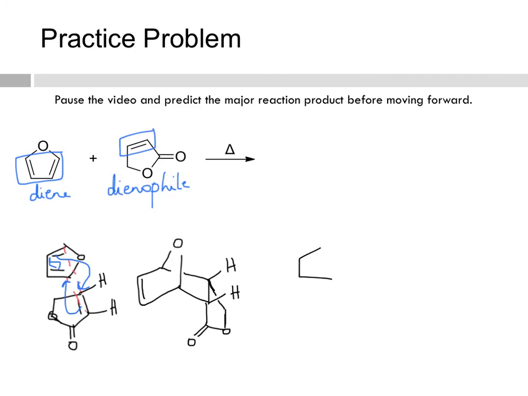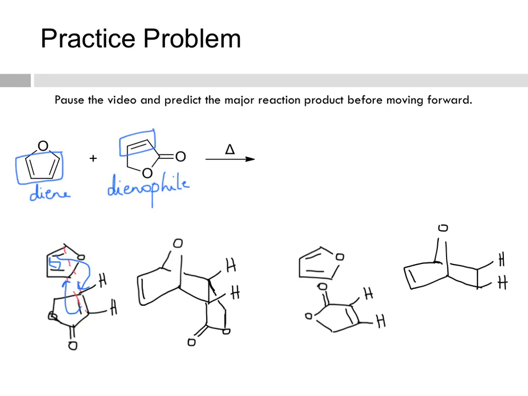If I had approached still from the bottom, but had drawn the dienophile this way, still an endo product because this R group is underneath the diene, I would have ended up with, again, oxygen going on the top, and then this is the new six-membered ring that's been formed, hydrogens going out, again still the endo product, but now the carbonyl is on the back, and that's my product.